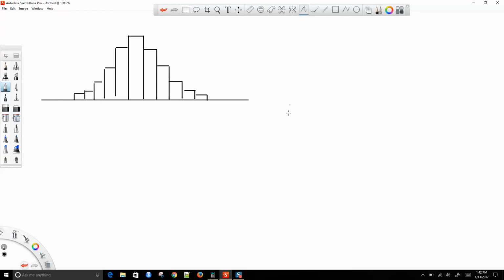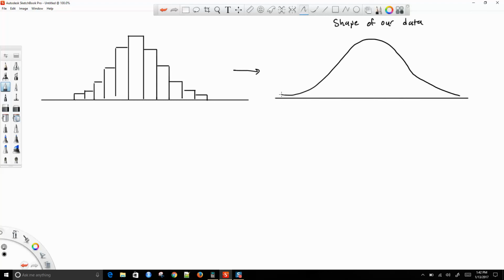Okay. Now for simplicity, I might just say the overall shape of our data looks kind of like this, or something like that. We could describe this shape, we can say, well, it looks kind of like a hill, but we have a little bit more technical terms.